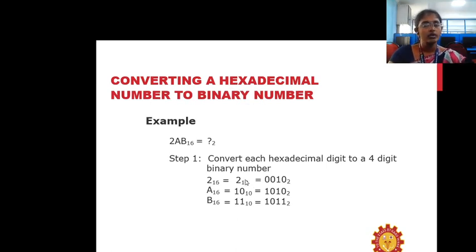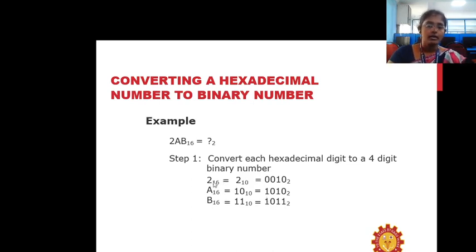For 2, the 8421 pattern gives 0010. For A, the equivalent value is 10, which is 1010. The equivalent value for B is 1011.